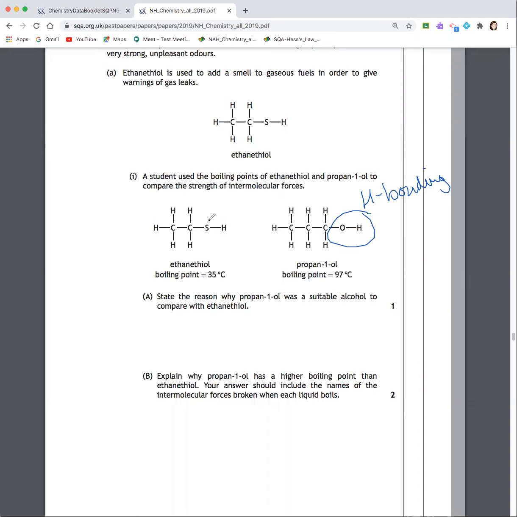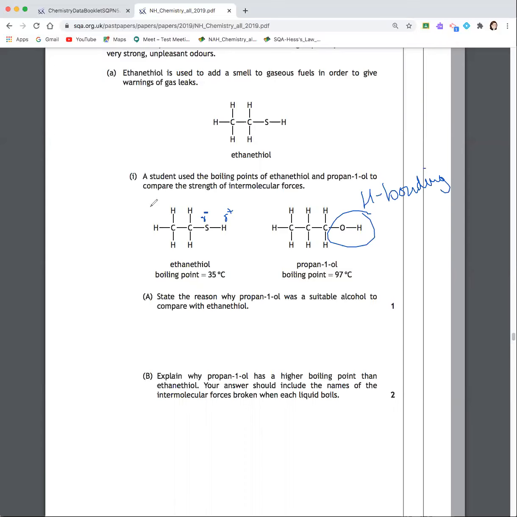Ethanethiol, now depending on how you've been taught this, you might think that this is slightly polar, because the electronegativity of sulfur is 2.5 and hydrogen is 2.2, so there is maybe a slight dipole here. However, some people may have been taught that if it's a difference less than 0.3, 0.4, it doesn't make a difference. So in this case, you would actually get the mark either way.